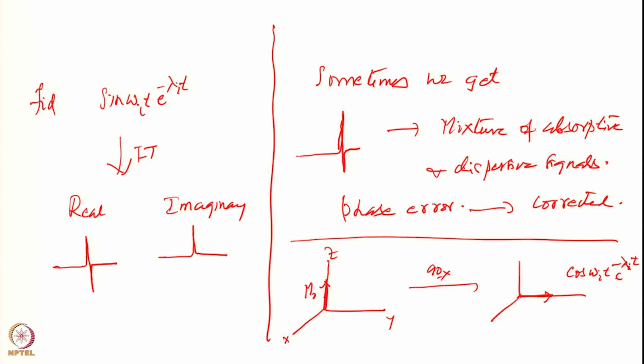But often it so happens that this is not achieved, and what happens is the magnetization which was initially rotating goes to some other position. So, it will be oriented somewhere in the transverse plane. If this is the case, then you have the x, y and z axes. The signal which you are going to collect will have contributions coming from this as well as from this.